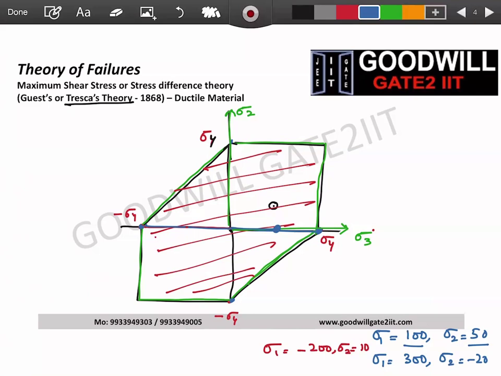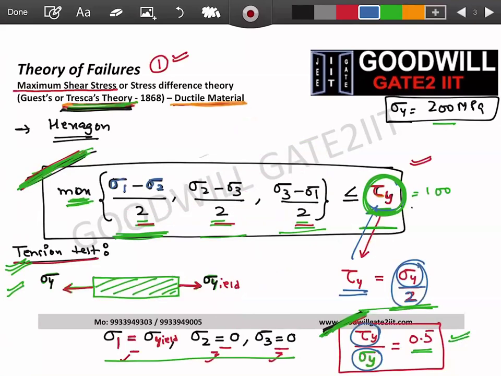Okay, Mira. Can you explain the significance of quarters 2 and 4 in the graph, which are slants instead of straight lines? I'll explain that, Mira. Please listen to me carefully. Hopefully this will answer your question. This slant height is basically replicating our relation between tau y and sigma y. Your tau y and sigma y have a ratio of 0.5.